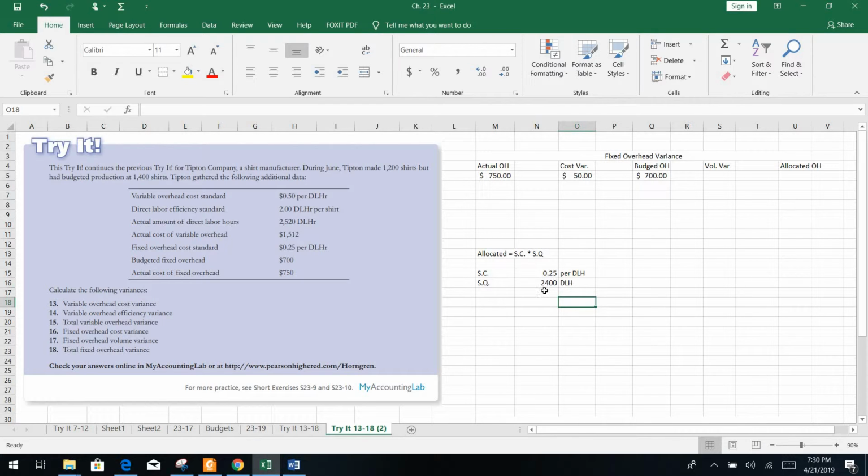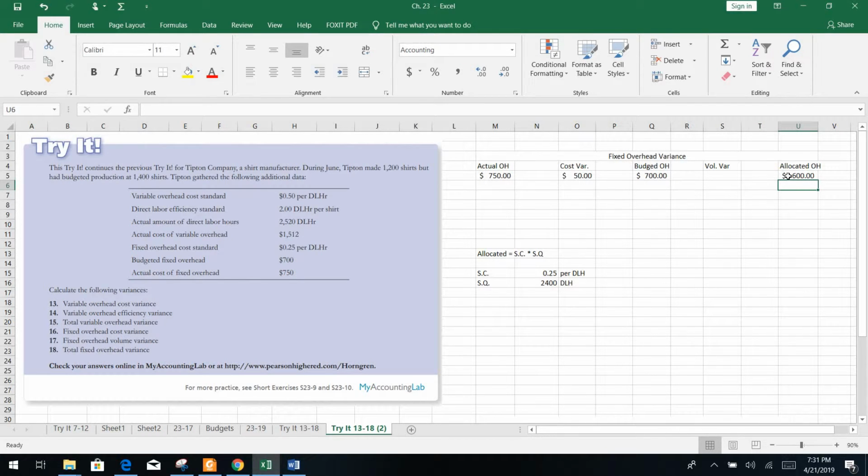A quarter. So for 2,400 hours times a quarter, that will give us our allocated amount. So that equals 2,400 times 25 cents, and that value is $600. Okay.